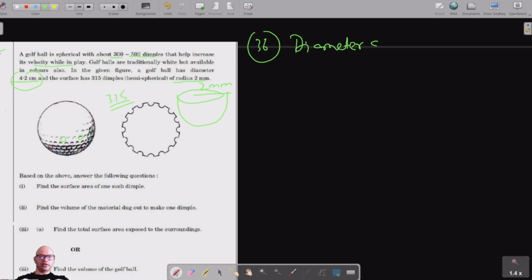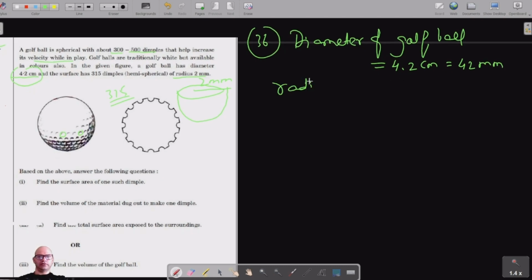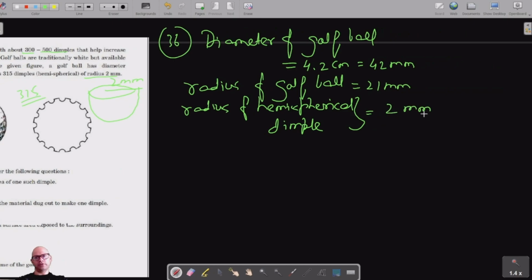The diameter of the golf ball is equal to 4.2 centimeter, which is equal to 42 millimeter, which gives us the radius of the golf ball, equal to 21 millimeter, and the radius of a hemispherical dimple is equal to 2 millimeter.